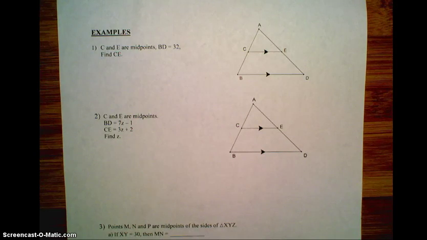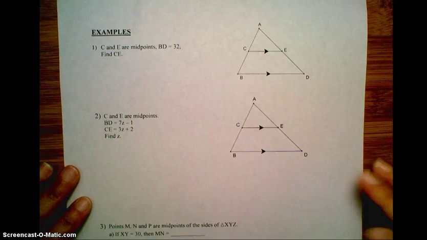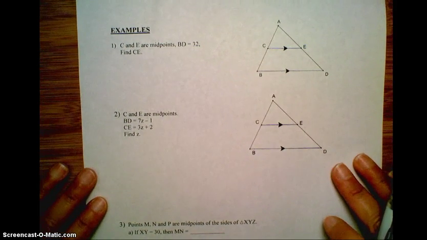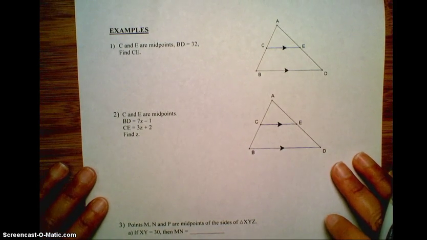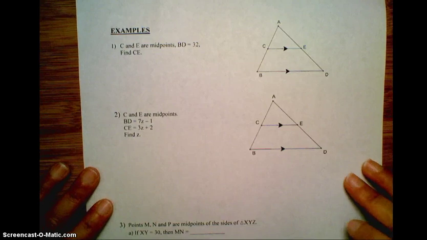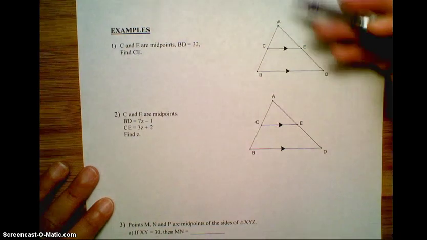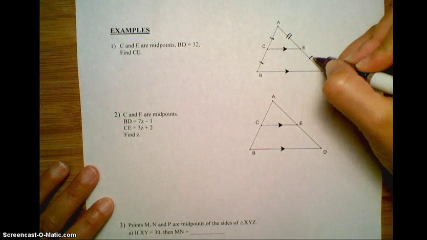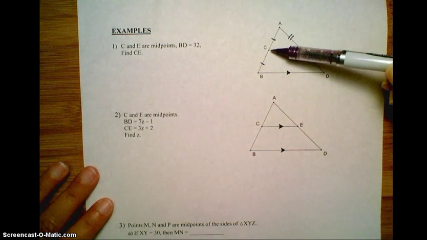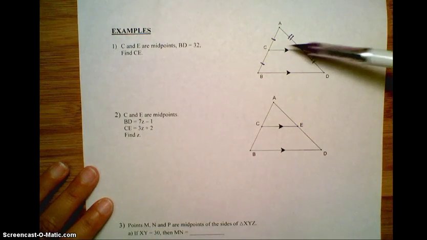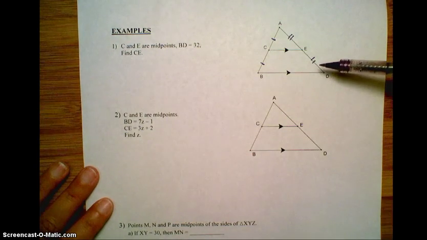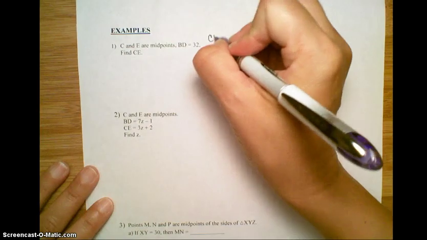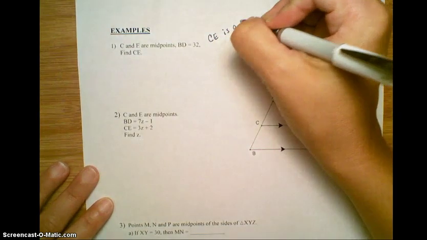Okay, we're here on page 2, and we're looking at the first example. It says that point C and point E are midpoints. And if we take a look at the picture, that means point C is a midpoint, point E is a midpoint. And since they're both midpoints of two sides of this triangle, we would say that segment CE is a midsegment.